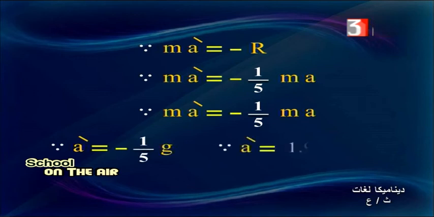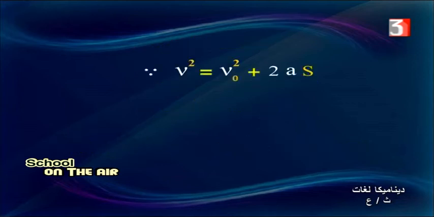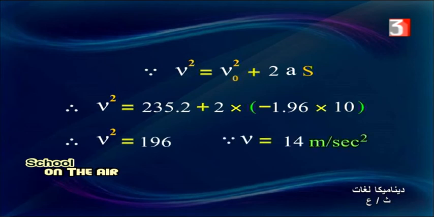The acceleration a dash equals negative 1.96 meter per second square, and we can calculate the velocity by using the relation v power 2 equals v naught power 2 plus 2as. Then v squared equals 235.2 plus 2 multiplied by negative 1.96 times 10. Then v squared equals 196, and the velocity equals 14 meter per second.